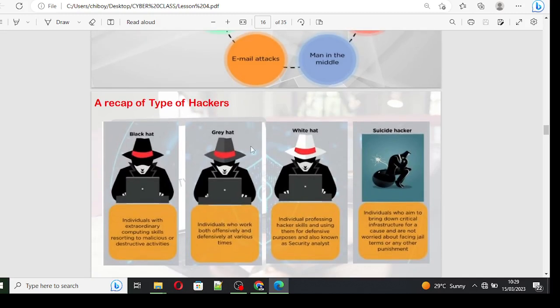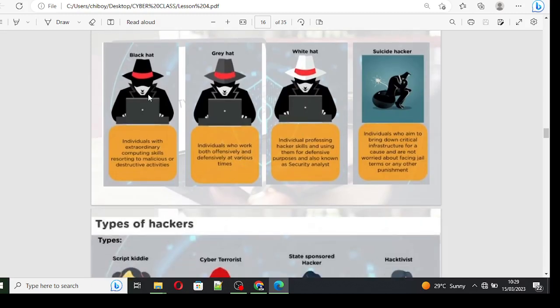Now, a recap of types of hackers. We said earlier on that we have the black hat, the grey hat, the white hat, and suicide hackers. The black hats are individuals with extraordinary computing skills resorting to malicious or destructive activity. We said it in context one. We also have the grey hat. These are individuals who work both offensively and defensively at various times. We have white hat hackers.